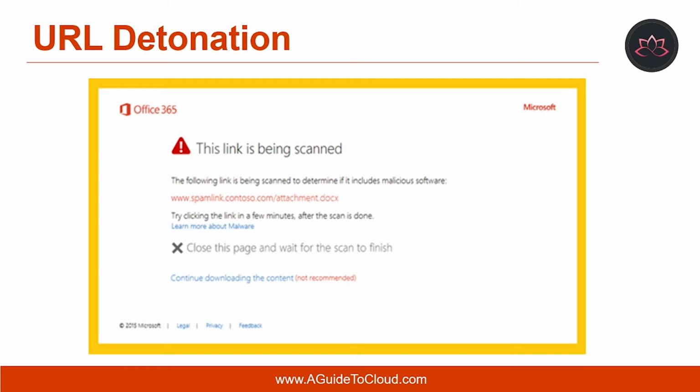As the content is being analyzed, a web page is presented to the user explaining that a scan is in process. If the file is ultimately determined to be malicious, then the user is redirected to a warning page advising the user that the site is malicious. Please note that this option can only be configured in a custom policy you create. The option is not available in the default policy.